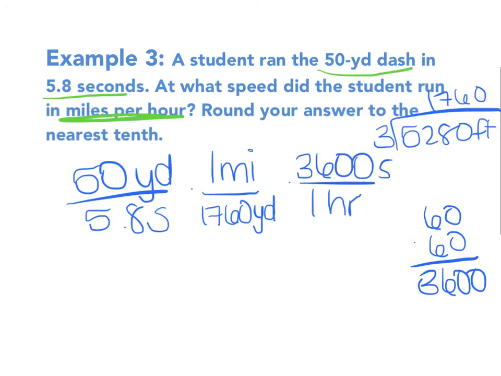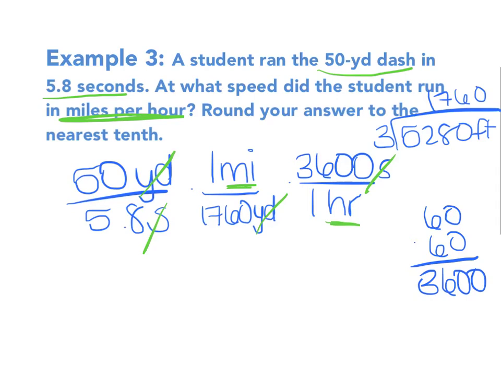And now before I do anything, remember what we did in the last problem, that we canceled out the units that are similar. So I have yards here and yards here. You can only do this when they're on top and bottom. And then seconds here and seconds here. And if you look, I'm left with miles and hours. So if I just multiply straight across, I'll know how fast he was going in miles per hour.